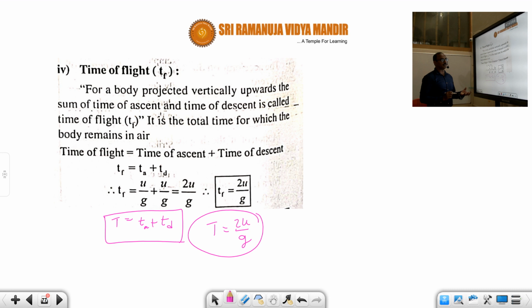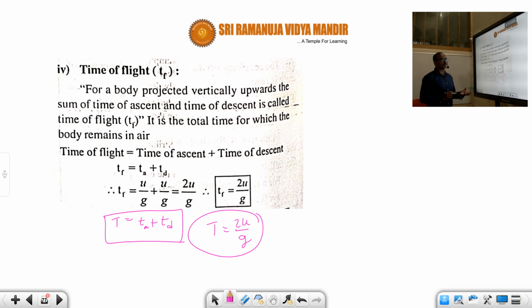They are asking: find the velocity at half of the maximum height.